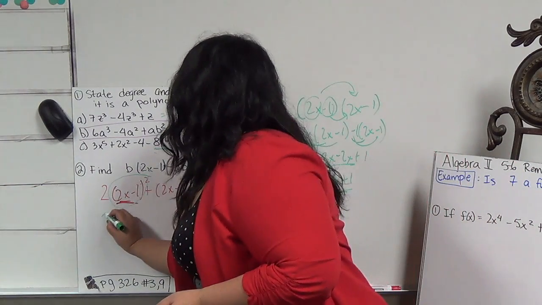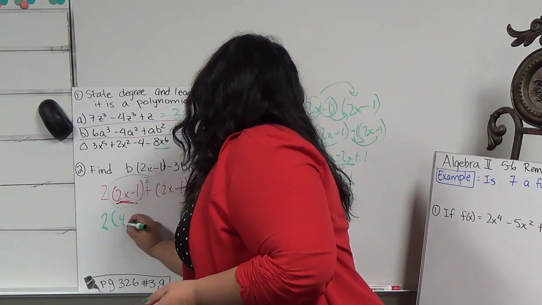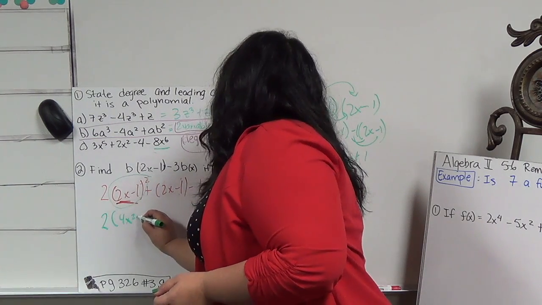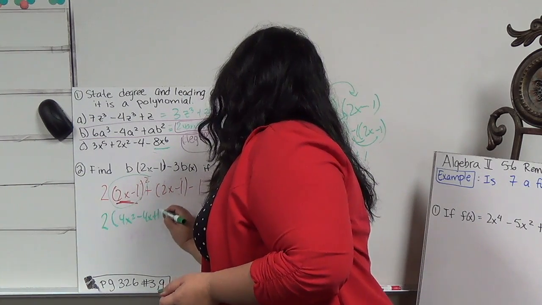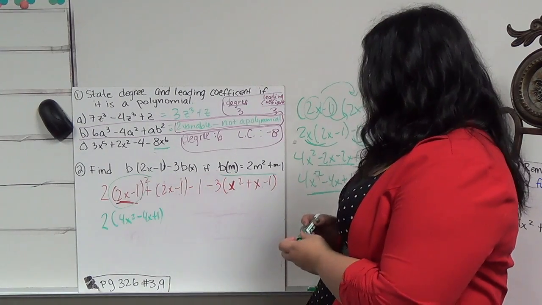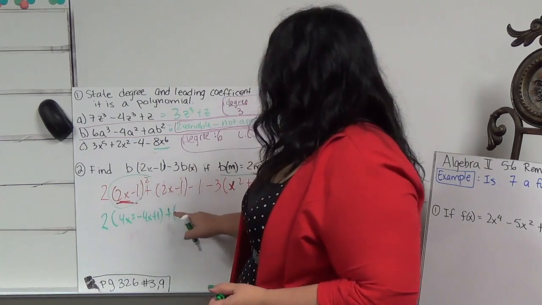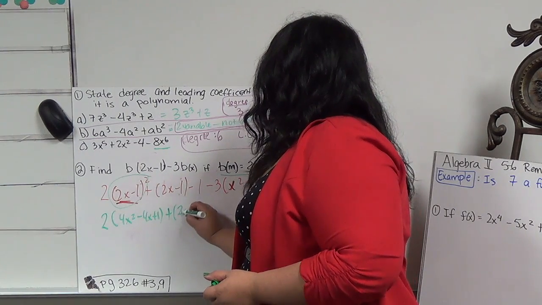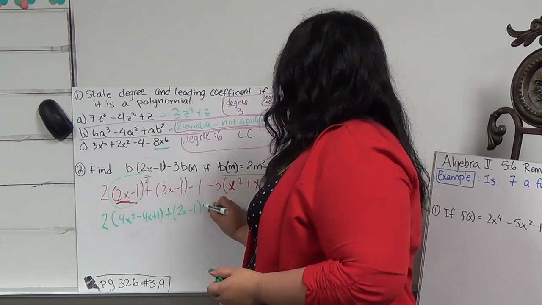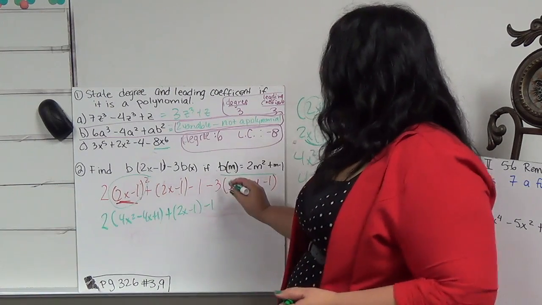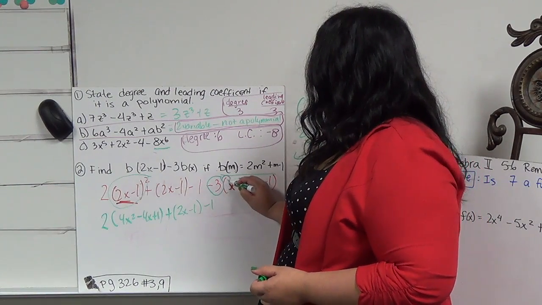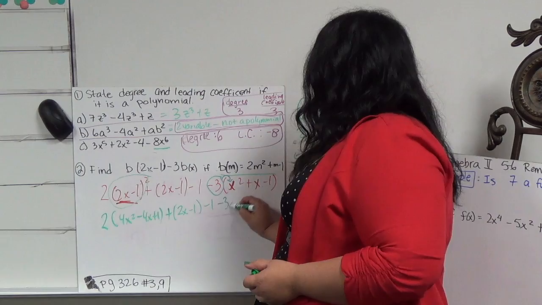So this whole thing is in place of this right here. So now I get 2, and it's still in parentheses because I have to apply that 2. Right? And I'm going to bring the rest down. Plus, well, yeah. 2x minus 1, there's nothing to distribute there. The minus 1, there's nothing, but this -3, I should distribute. So -3x squared.